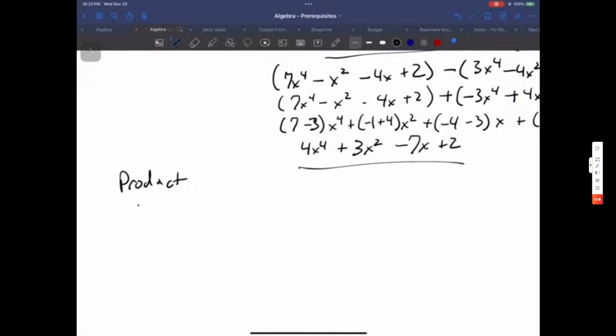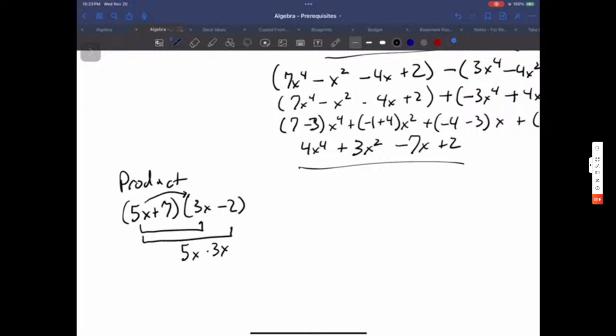For example, 5x plus 7, if you treat that as a single quantity, you can multiply 3x minus 2 by it as follows. If we take the first two terms and multiply them, then you get 5x times 3x. Then if you take the outer two terms, you're distributing the 5x to the first one, and then you're distributing the 5x to the second one.